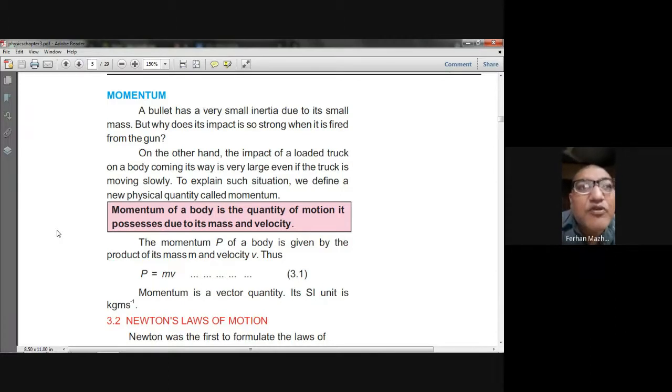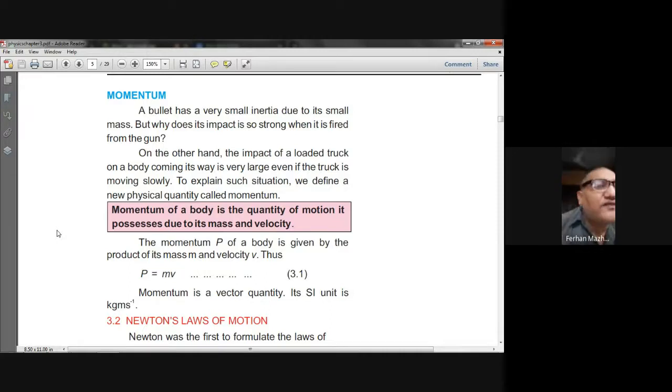So what will be the momentum? The momentum is the product of mass and velocity. So the momentum of that cannonball will be mass multiplied by velocity. The mass is 2 kg and the velocity is 30 meters per second. So just multiply them: 2 times 30 is 60.